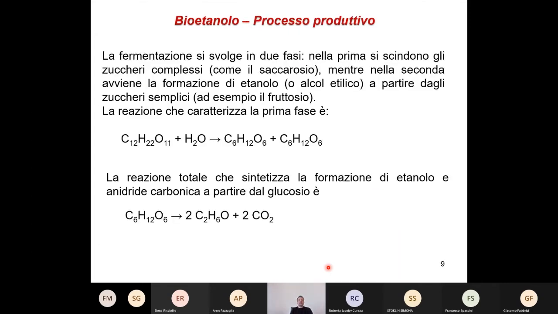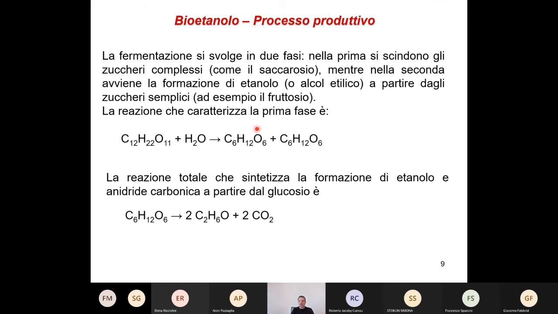Yes, this is the saccharification process, where you see starch, a complex sugar, that is transformed to simple sugar. For example, fructose.